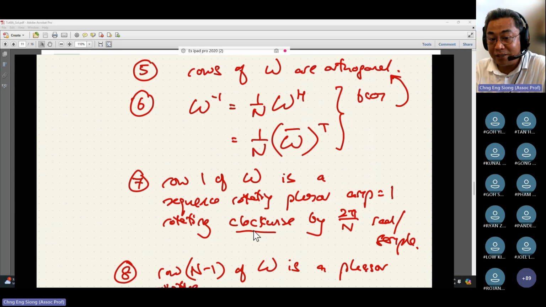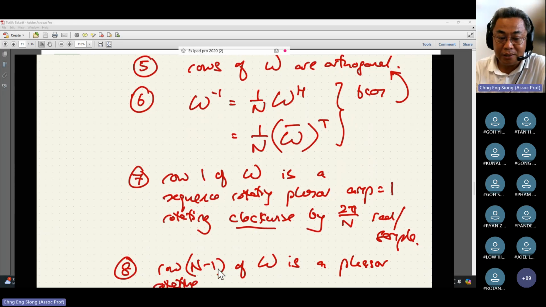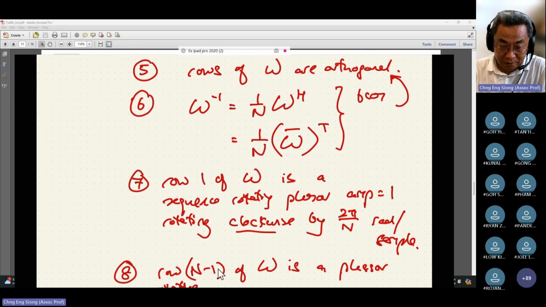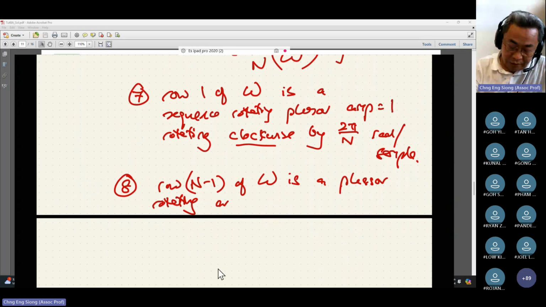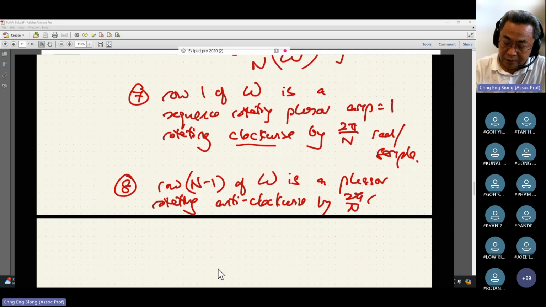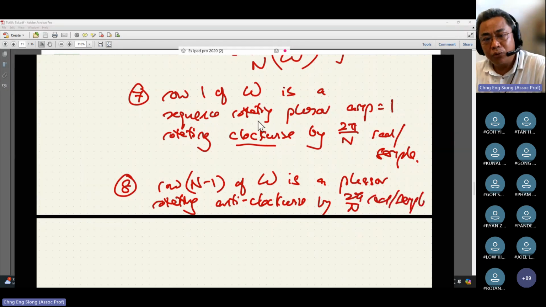If the top is rotating clockwise, row N minus 1, I'm talking about, is rotating anti-clockwise by 2 pi over N radians. Now, this is very strange, right? The first row is rotating clockwise, the last row is rotating anti-clockwise.